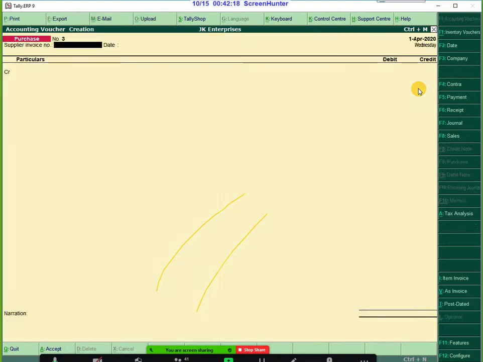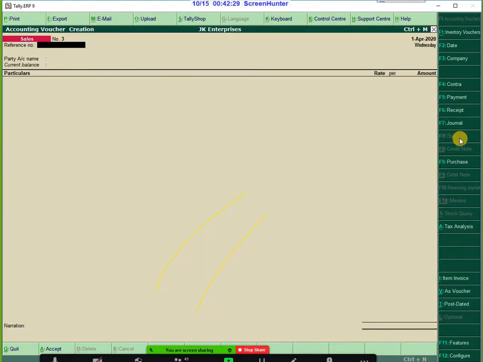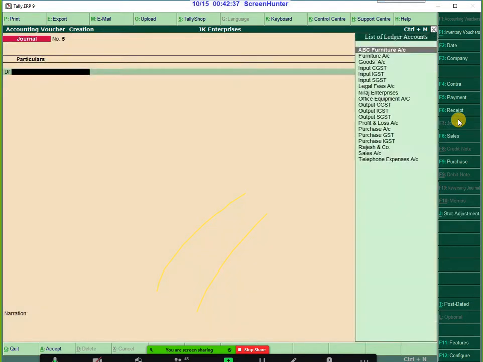Again Accounting Vouchers, not purchase, this will be the sales voucher. Simply press the sales command, or by journal entry you may also enter this transaction.